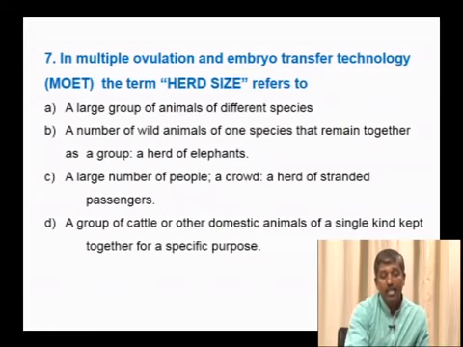A number of wild animals of one species? Generally, we do not keep wild animals, hence it is also not the right option. A large number of people, a crowd or herd of stranded passengers? Hence, it is not a crowd of people. A group of cattle or another domestic animal of a single kind kept together for a specific purpose, a group of cattle or sheep, goat, fowls, etc. Hence, the right option is D.